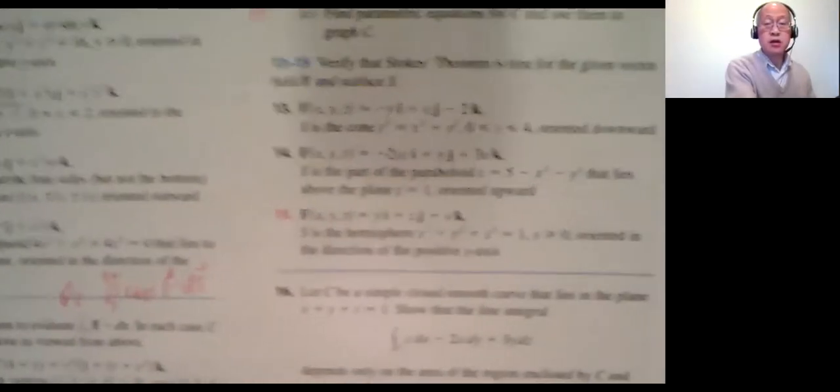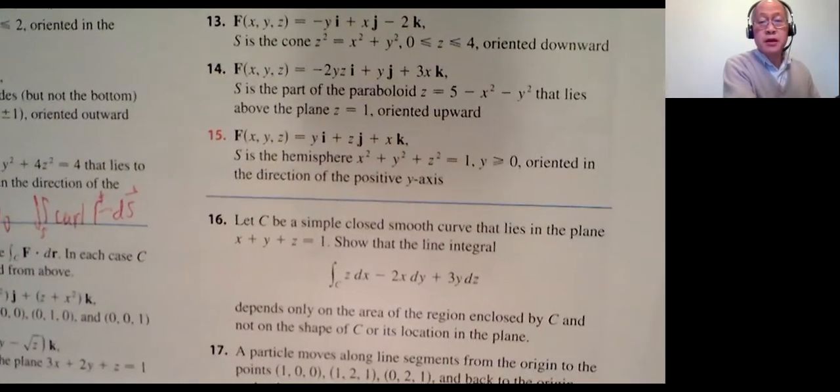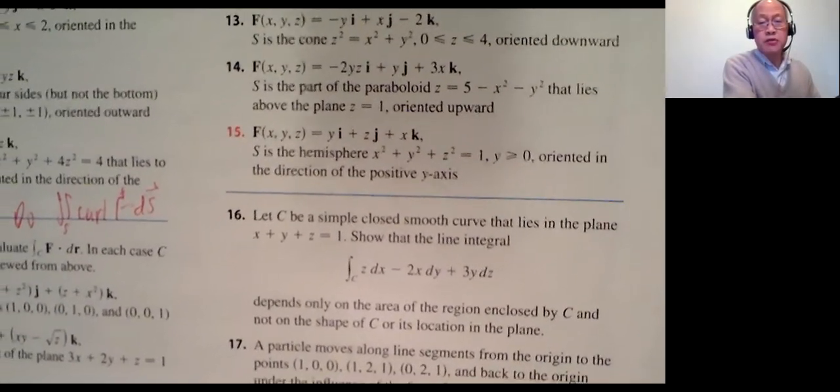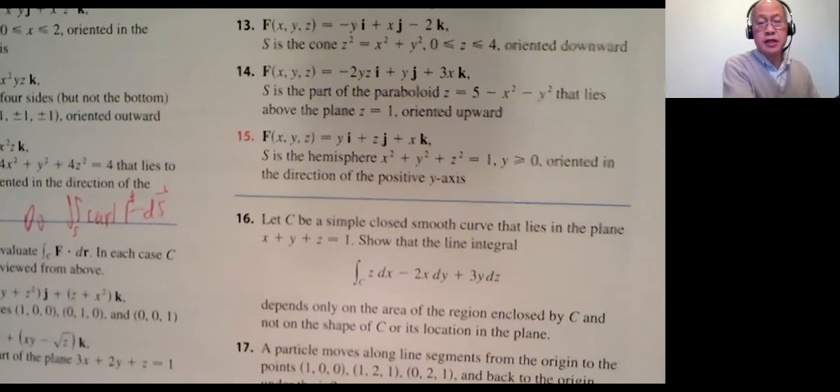Then 15, do it also. Capital F of x, y, z is y i, z j, x k.